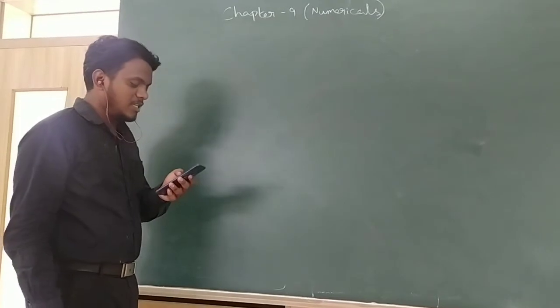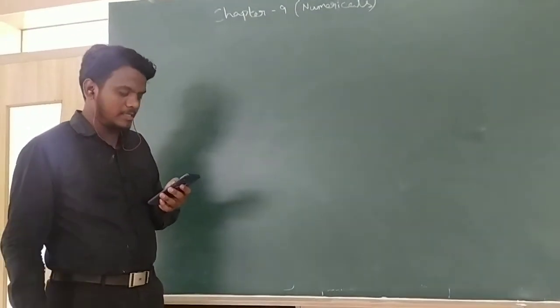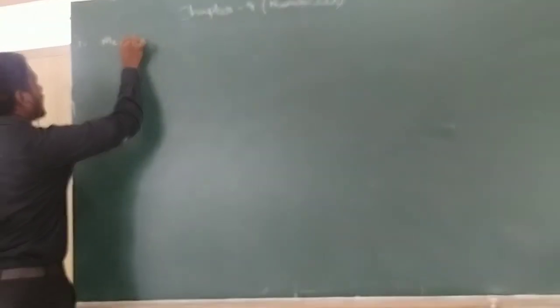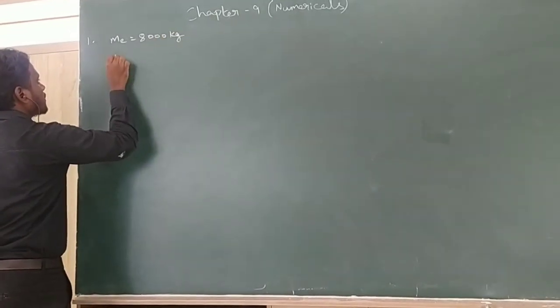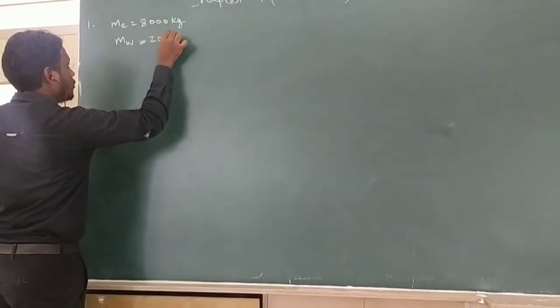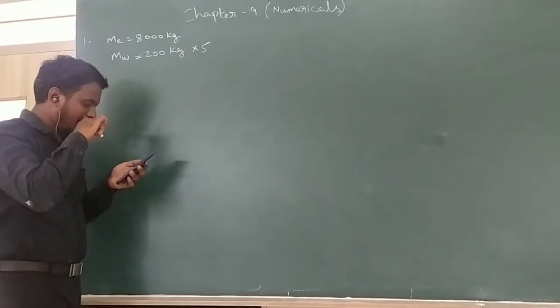Let me first read the question. An 8000 kg engine pulls a train of 5 wagons, each of 2000 kg. So the mass of the engine is 8000 kg and the mass of each wagon is 2000 kg. Totally they are using 5 wagons.